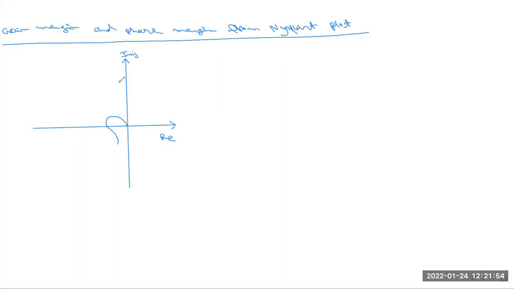And another one, this is the point of -1 plus j0. And this is the unit circle. Something like that.